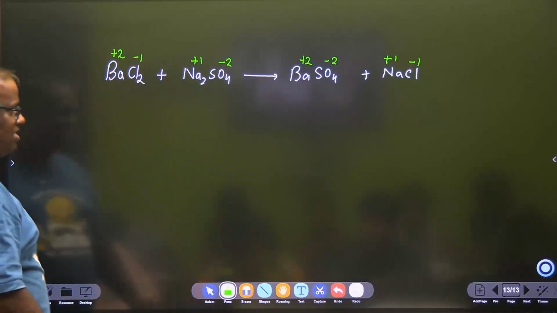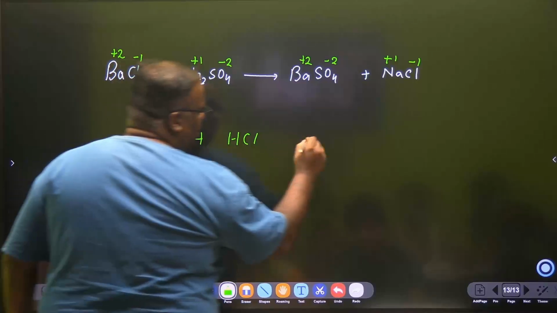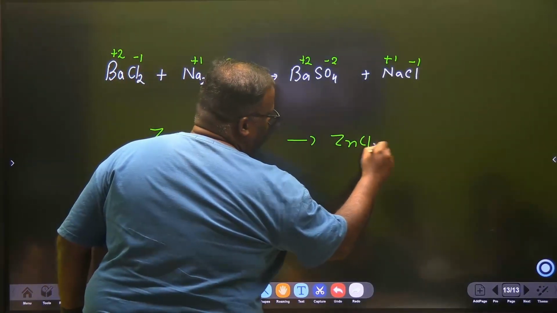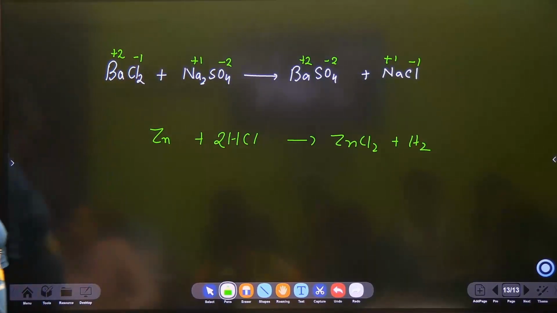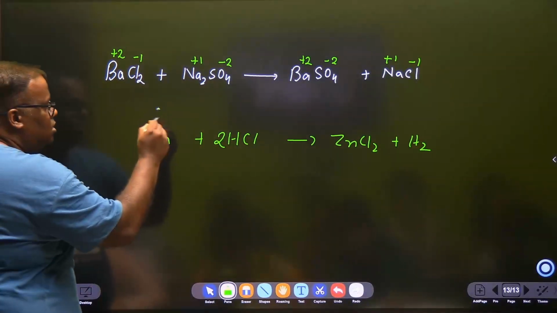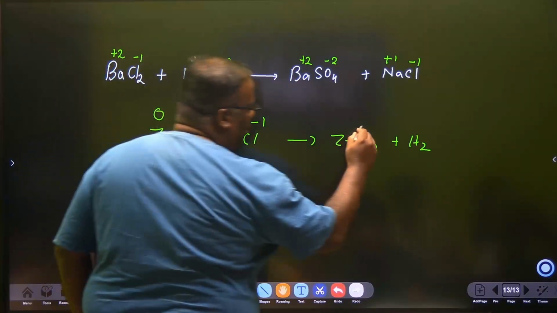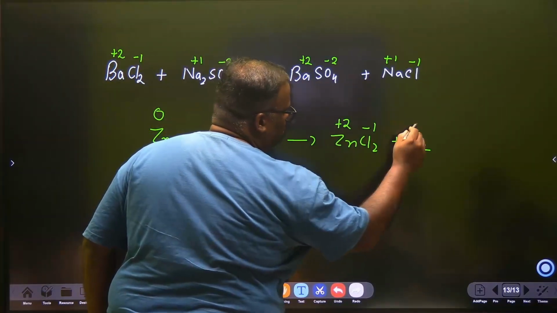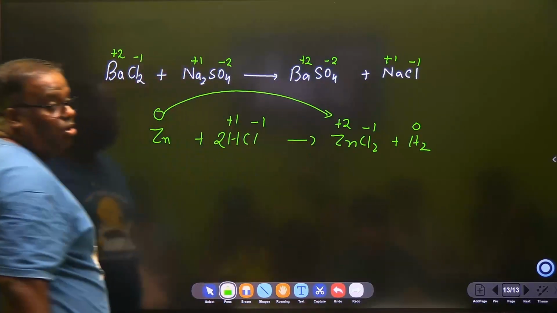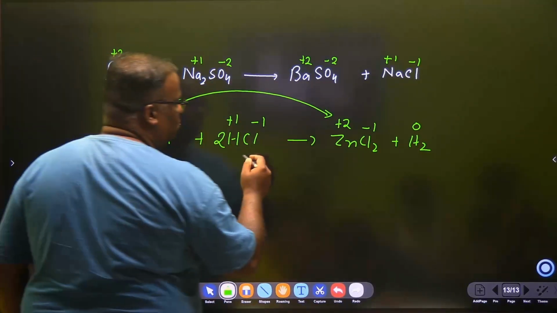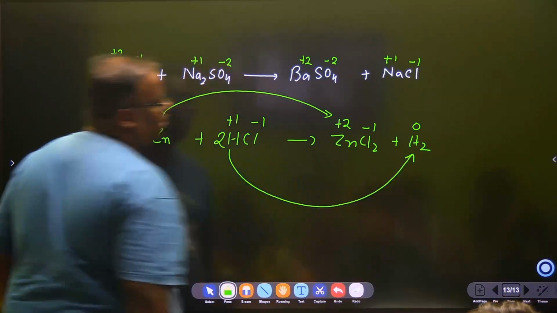Let us see one example. Zinc reacts with hydrochloric acid, forms zinc chloride and releases hydrogen gas. Zinc means 0. Chlorine -1, hydrogen +1. Chlorine -1, zinc +2, hydrogen 0. 0 to +2, oxidation. +1 to 0, reduction.